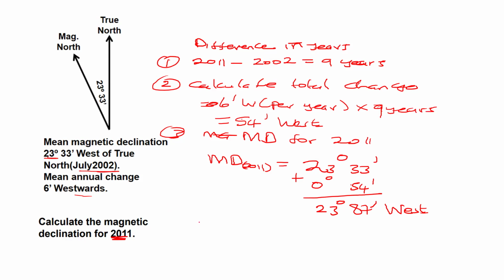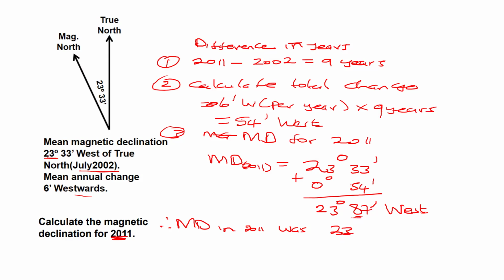So therefore our magnetic declination in 2011 was 23... oh, sorry. Remember, minutes cannot be greater than 60.